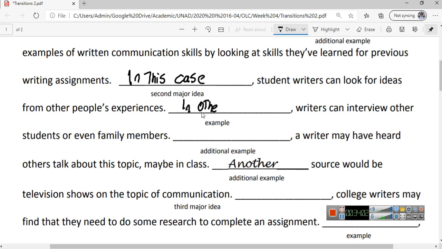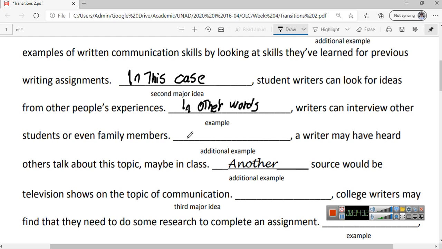No, when we give an example, it doesn't work. Okay. So, students writers can look for ideas from other people's experiences. In other words, writers can interview other students or even family members. Very good. It works.